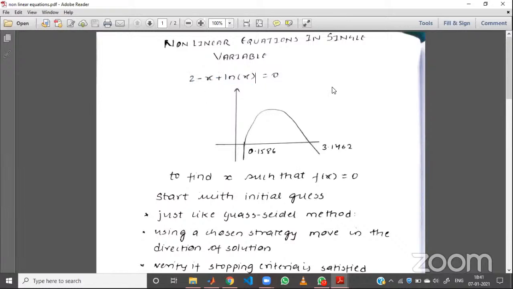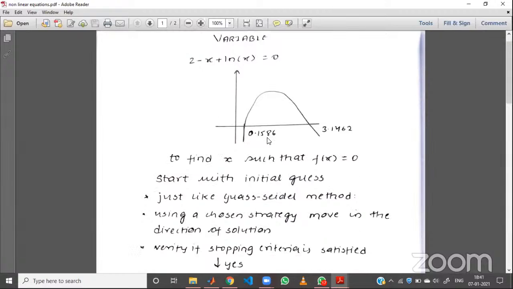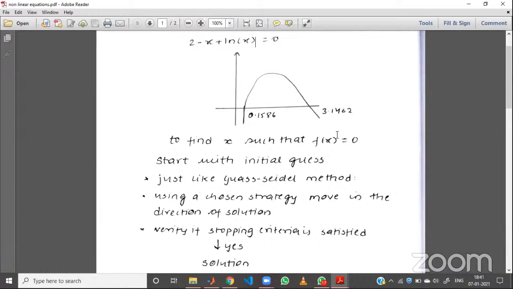This equation is in a single variable: 2 minus x plus log x equals 0. The graph of this equation is like this, which I have shown here. The solutions are 0.1586 and 3.1462. We have to find x such that f(x) equals 0.